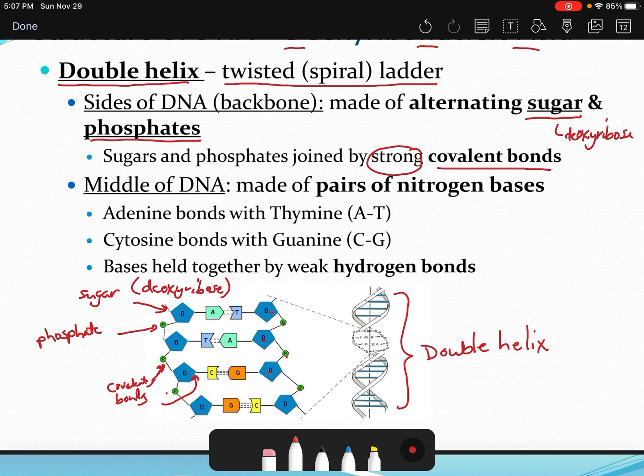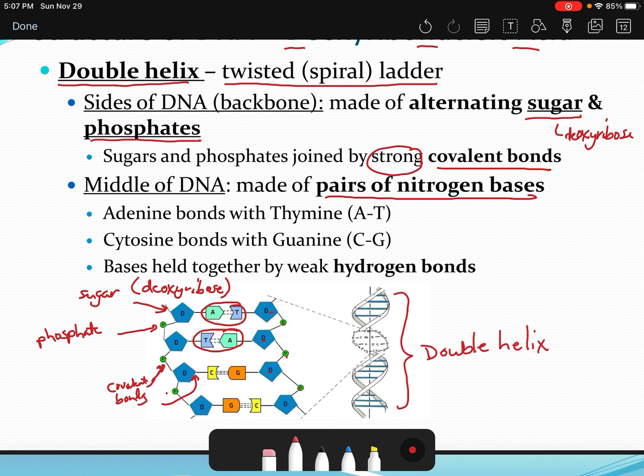Okay, so those are strong bonds. And then in the middle, if you look here, you'll see that there are pairs of nitrogen bases. So if you're thinking of the ladder analogy, these pairs of bases here would be almost like the rungs of a ladder as you go up. You know, as you're climbing up a ladder and you grab onto those, the middle part, we call it the rung. That's what those pairs of bases would be.